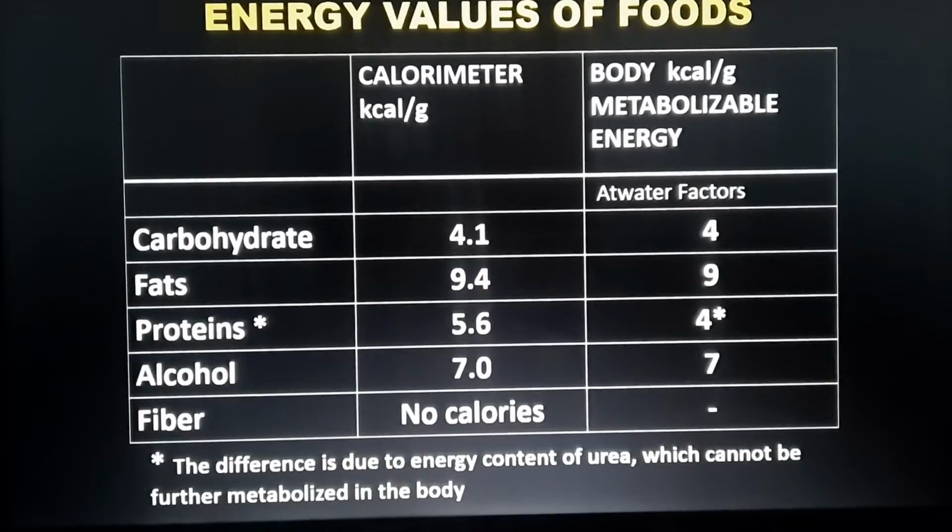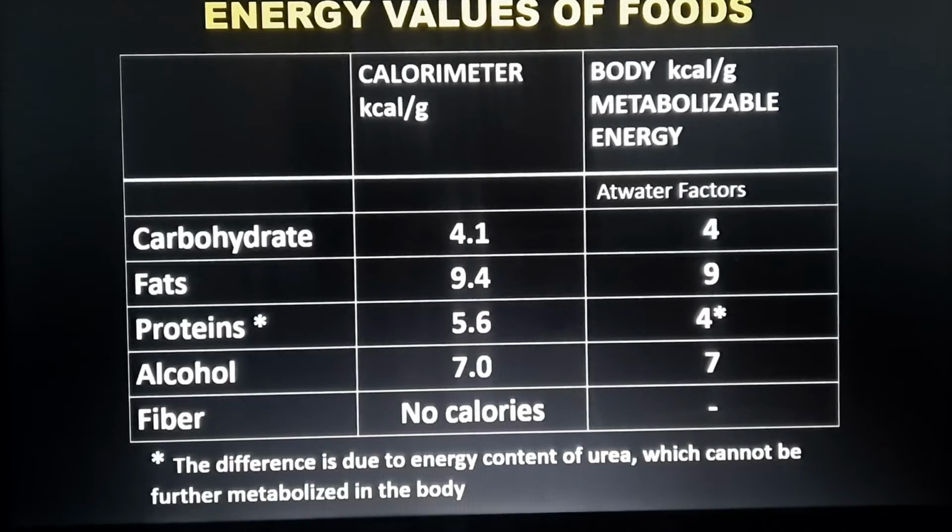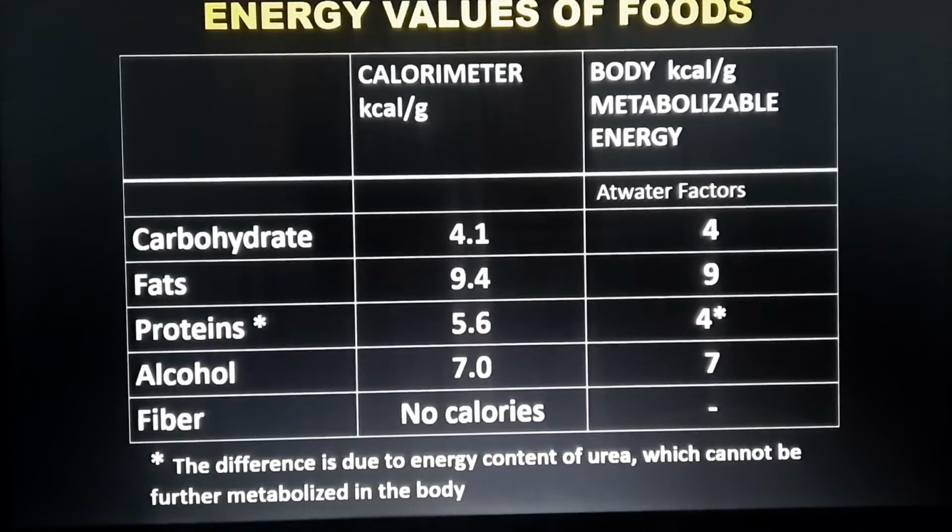This difference is due to the energy content of urea, because the end product of protein metabolism in our body is urea, which cannot be further metabolized by the body, while in the calorimeter the urea is also combusted to give energy. So that's why there is a difference in the value of proteins inside the body and in vitro.